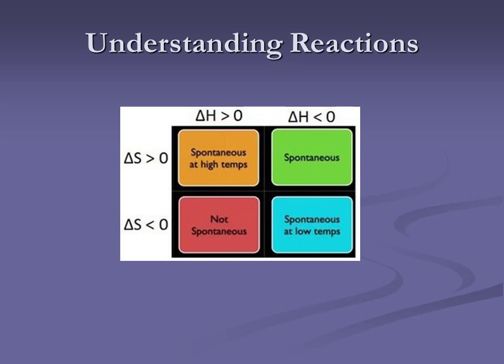When you have a negative delta H and high entropy, spontaneous, it's going to go. Here, you have a positive enthalpy, more organized, not spontaneous, but it will require energy if this is going to happen. On this side, it's spontaneous, but it's got to be hot. Here, spontaneous, but it's got to be cold. You like that?